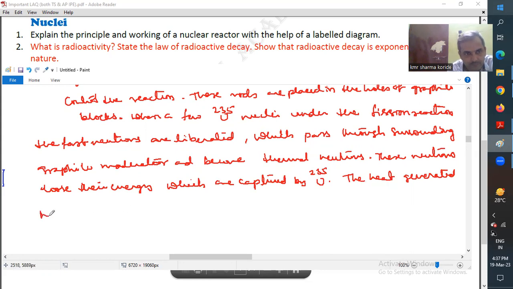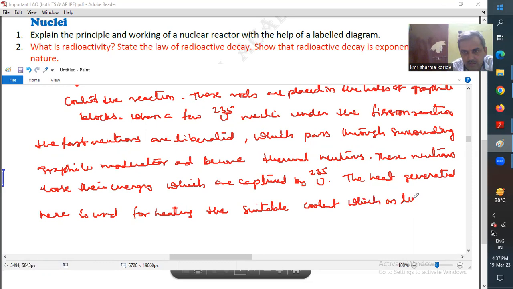The heat generated here is used for heating the suitable coolant, which in turn heats water, converting it into the energy of the steam.